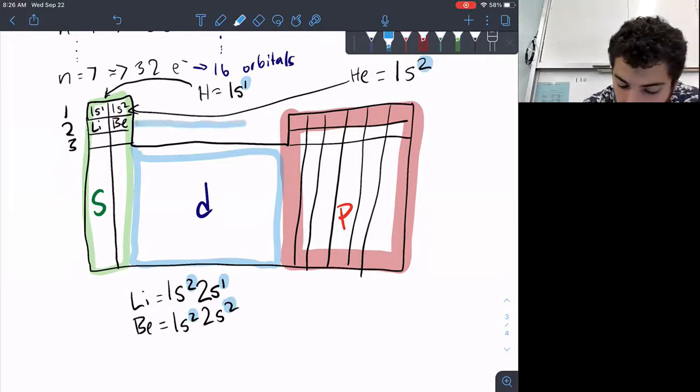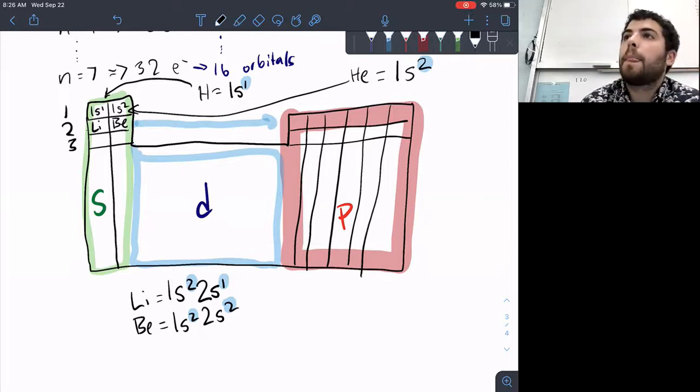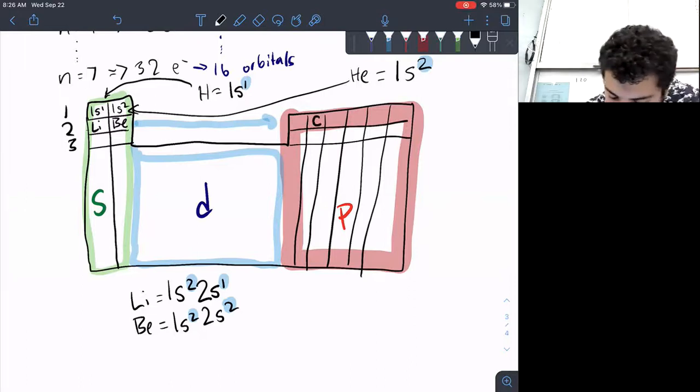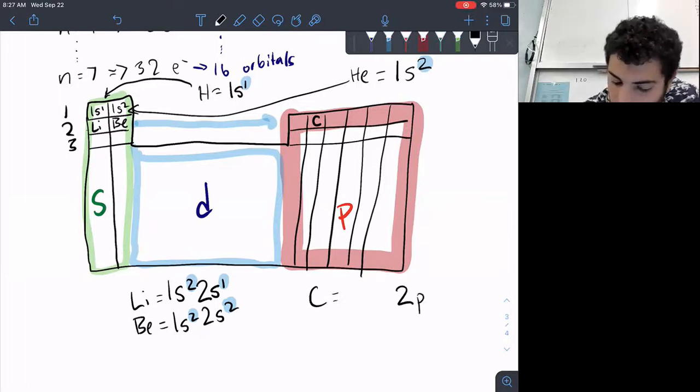Now we're going to move our way over here and fill in carbon. Carbon is now in the second row. We are in the p orbitals, and you can look at it as position 1, position 2. So 2p2.